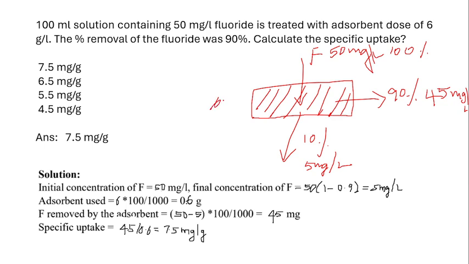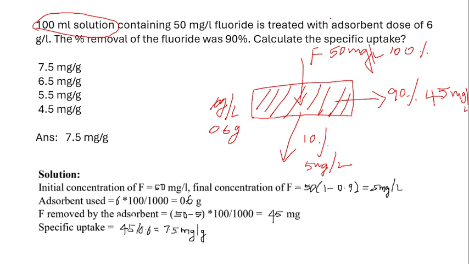This is for every 1 liter of solution, 6 gram is used. Here the amount of solution used is given as 100 ml. So for 100 ml, it is 0.6 gram. Only 0.6 gram is used.